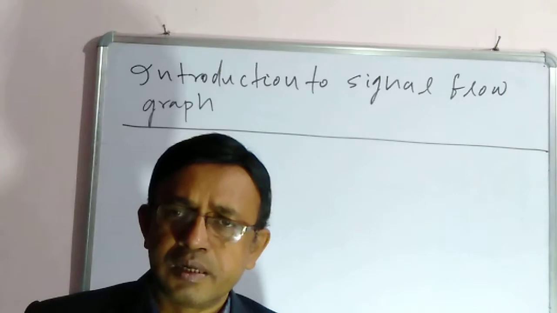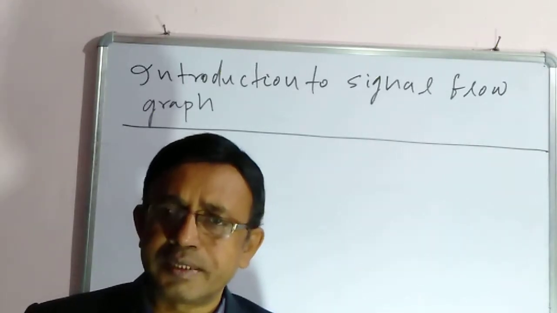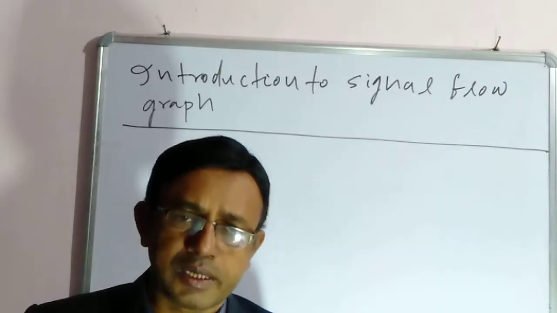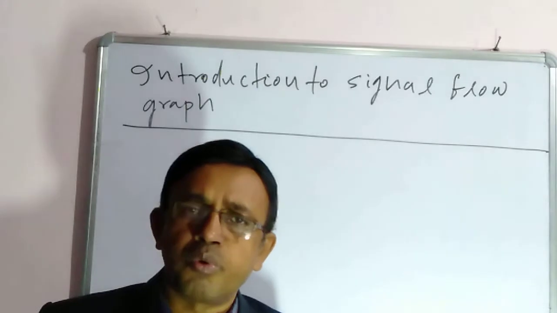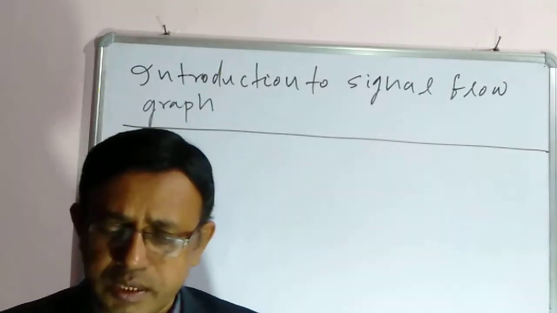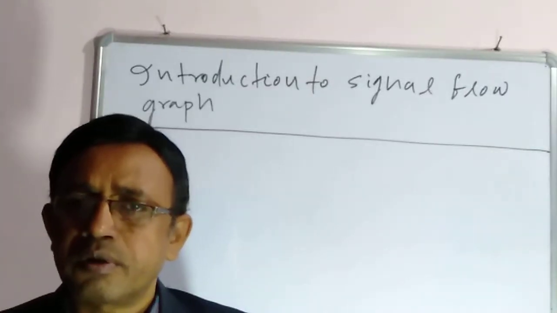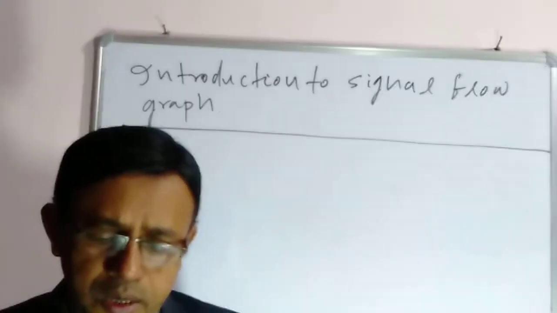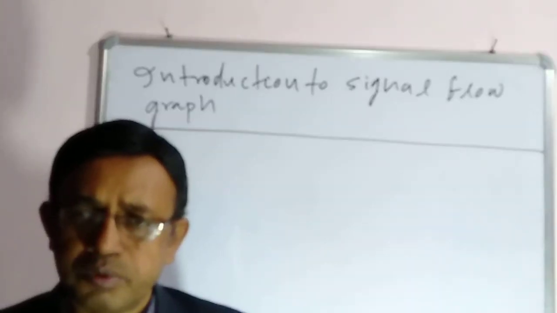Similarly, all the variables are connected by branches in a signal flow graph, and generally there are many algebraic equations for a single system. All the algebraic equations are represented by a network, or graph of the network, which is called a signal flow graph.